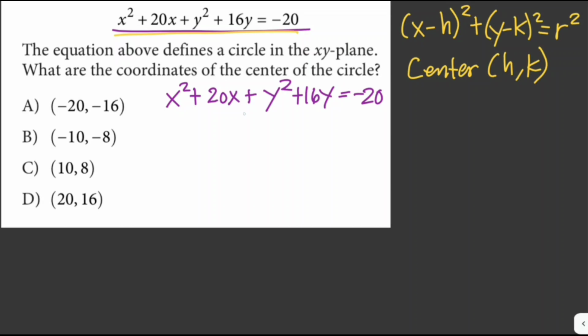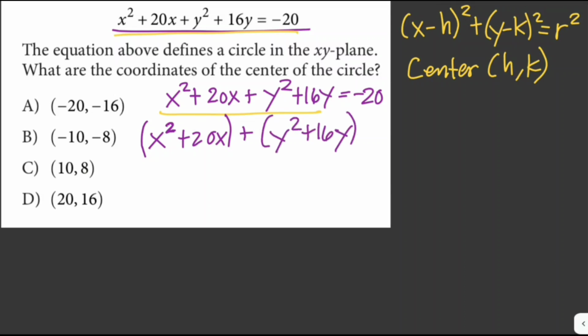We just have to divide this one in two groups and then complete the square. So that would be x squared plus 20x plus y squared plus 16y equals negative 20. Now how are we going to complete the squares?